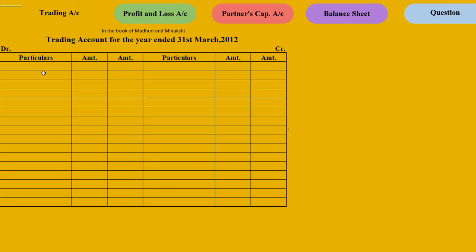Purchases 6,50,000, trading account. Whenever you write a debit item, start with 'To'. 6,50,000 goes in the outer column because there is no adjustment.